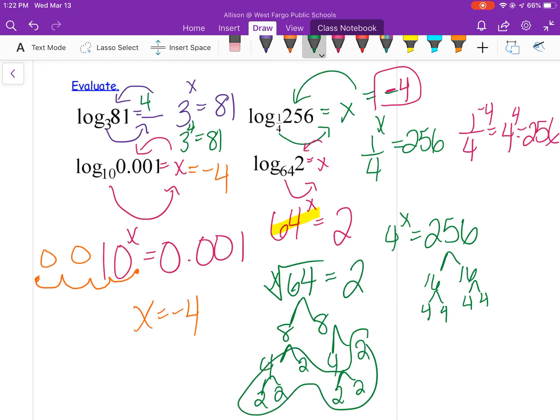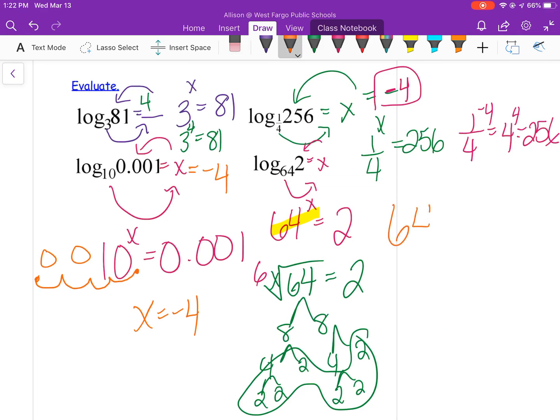I would need a group of 6, which means that really this would be the 6th root of 64 equals 2. Then remember that the 6th root of 64 is the same thing as 64 to the 1/6 power.